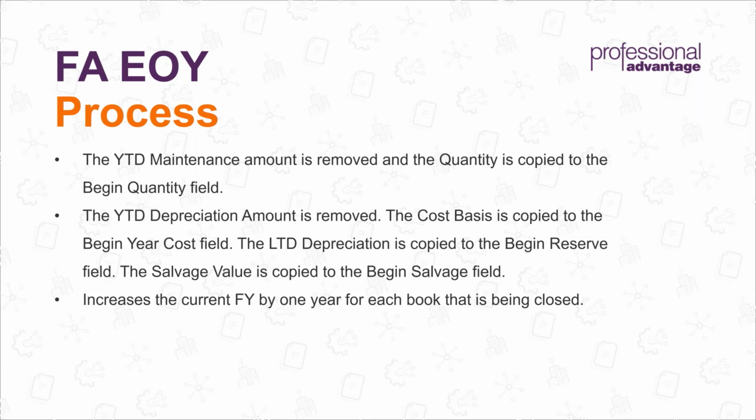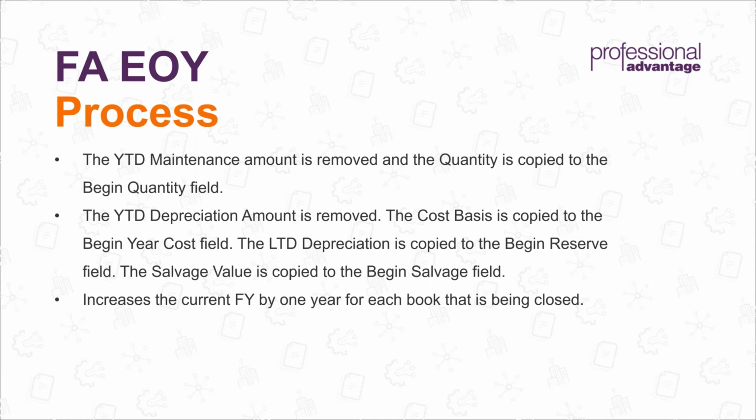Now, again, that's similar with the AP module. When we do the year-end process, there is data shuffling happening behind the scenes, so we can align data according to our calendar. And the year-to-date depreciation amount is removed, so that gets zeroed out, ready for the next financial year data.